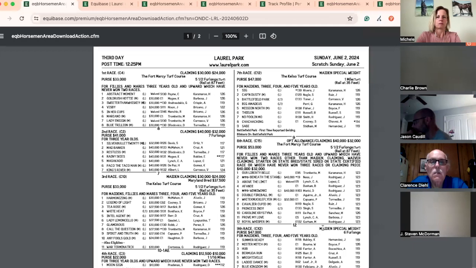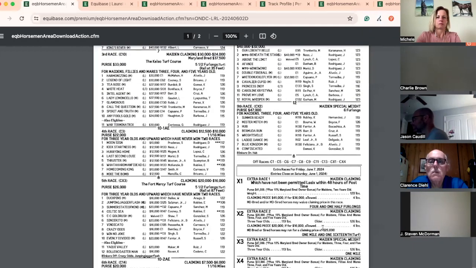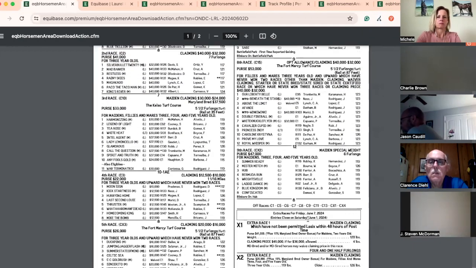It's a little different from track to track, but generally it's the same. You'll notice here, this is the latest overnight from Laurel. They are taking entries on June 1st. So the overnight came out for entries on June 1st, for races on June 7th.